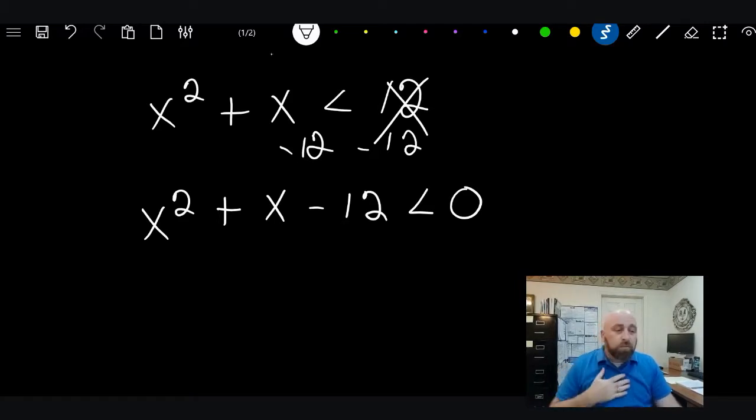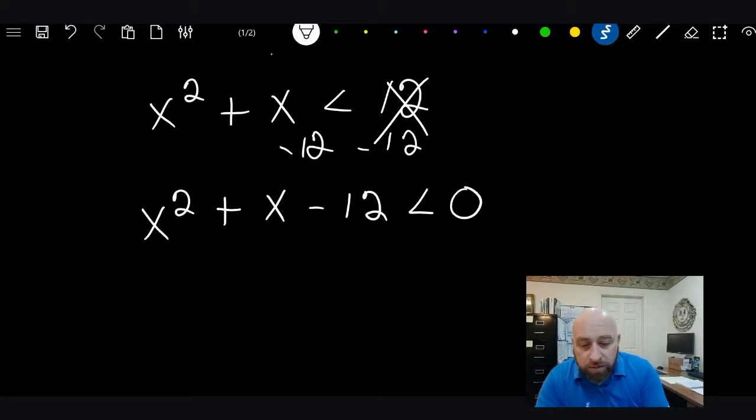Now, what we want to do here, and this is tying some of those other lessons together that we've done, is find the possible zeros, or in graphing we call them the critical numbers. How do we do that? We factor it, okay?